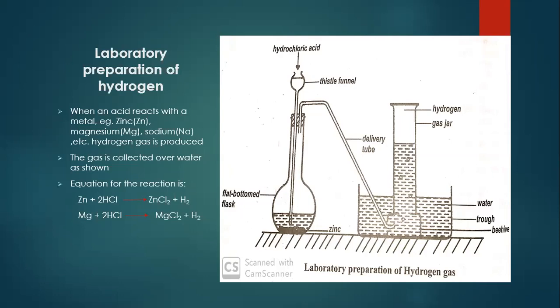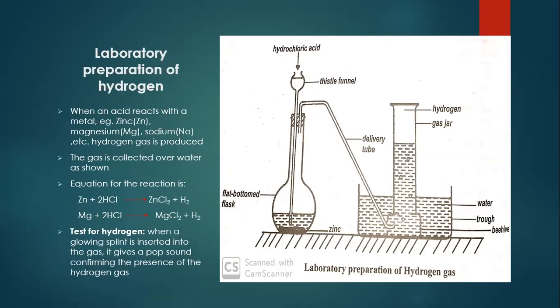Now, how would you know that the gas that has been collected is hydrogen gas? You take off the gas jar, then you insert a glowing splint. Let's say you take matches and light one.